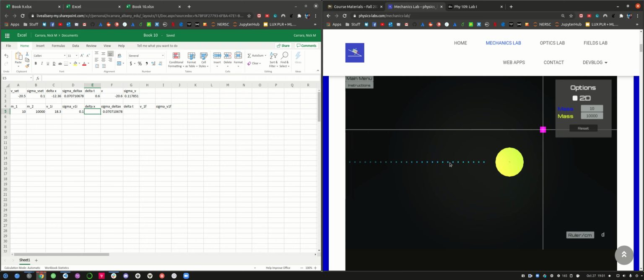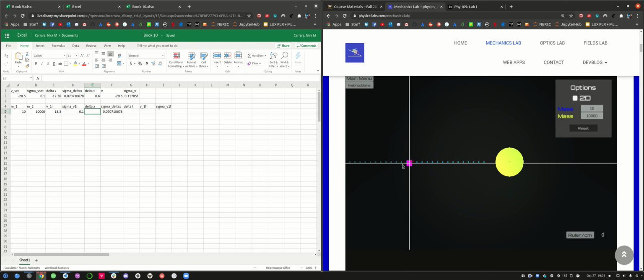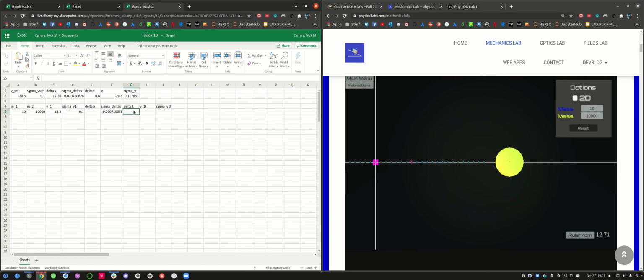That's because the speed didn't change, so the spacing between the dots looks the same. So if I pick some set of dots over here, let's say it's 1, 2, 3, 4, 5, 6, 7. So my delta t is 0.7. My delta x is 12.71.